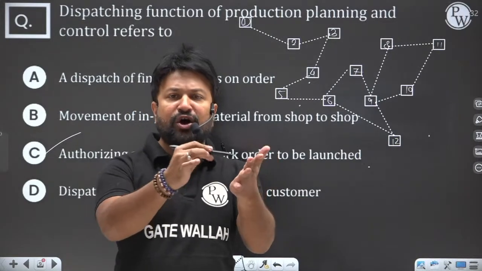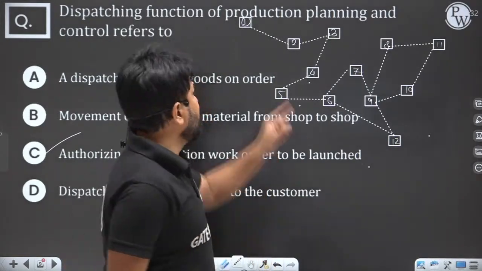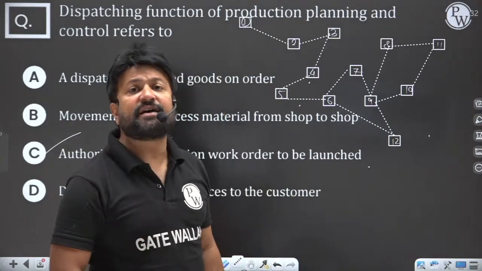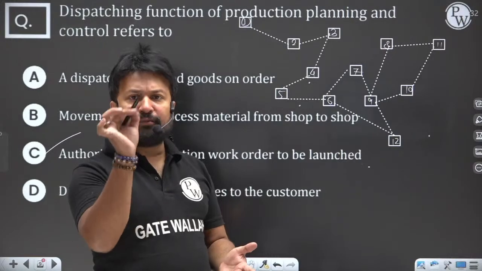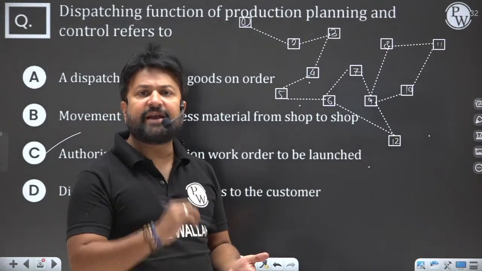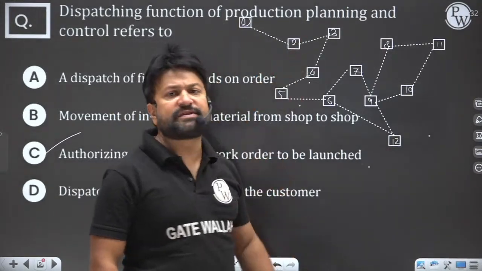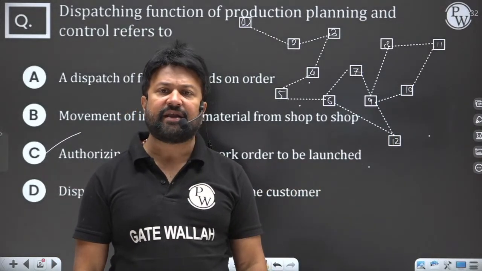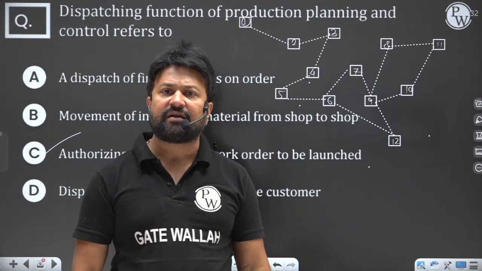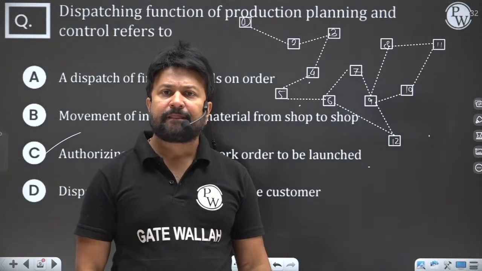If you give an authorized ticket for the movement of any order or product from one shop floor to the second, then you are making a record in your register. You are giving authorization, right?